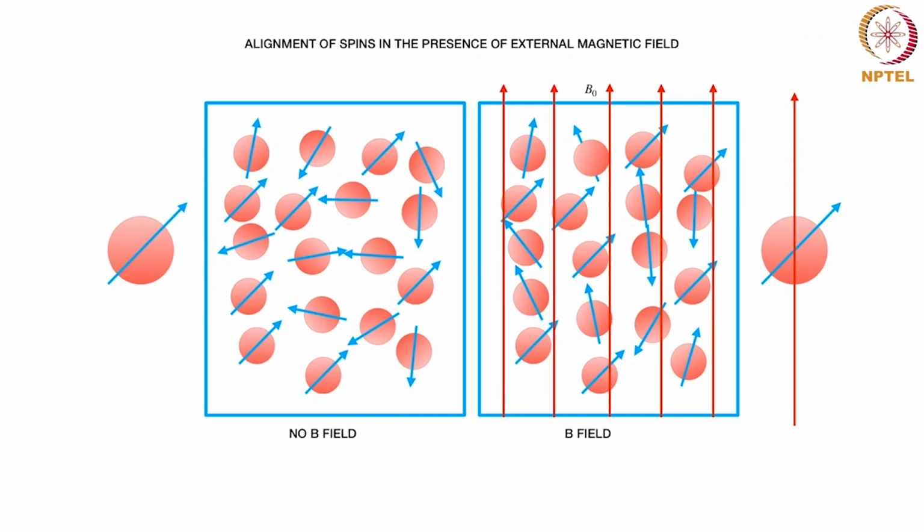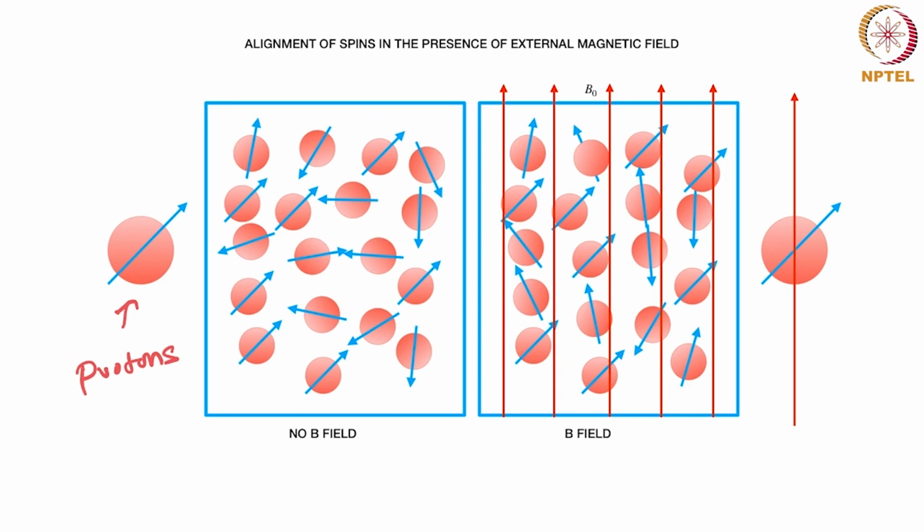Now, this is what I was trying to imply from the previous slide. You can think of individual nuclei, or the protons in this case. These are hydrogen atom protons, right? Because they are the most abundant in the body, and they have this spin property, and the spin is what gives rise to the magnetic properties of the material.